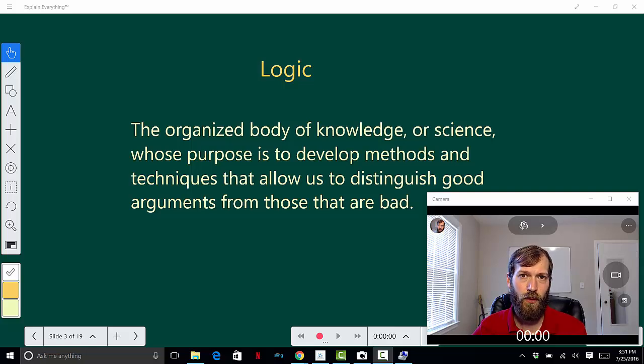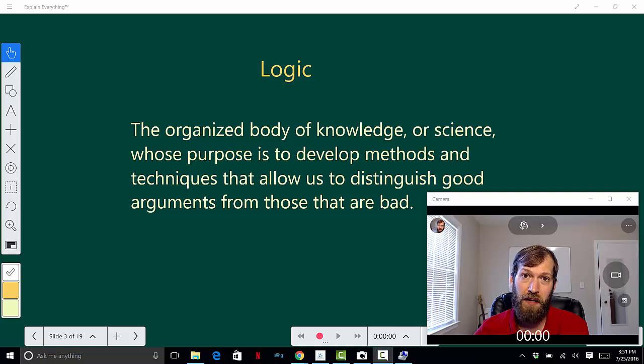It turns out that we as human beings, without these methods, are pretty bad at determining whether an argument is a good argument or a bad argument. There are all sorts of other factors that we end up taking into account that lead us to decide whether we should be convinced by an argument or not, that have nothing to do with whether the reasons that were given in fact suggest the truth of the conclusion.